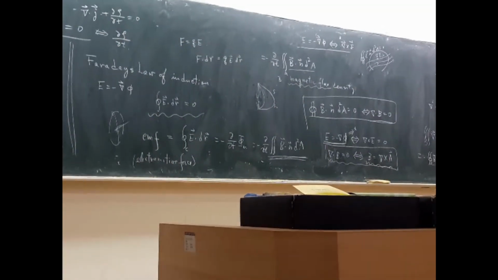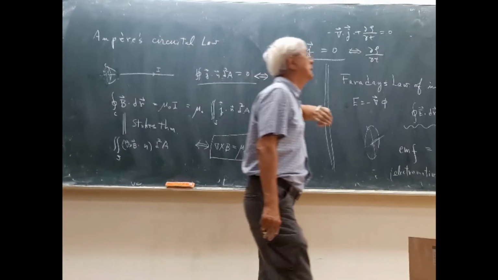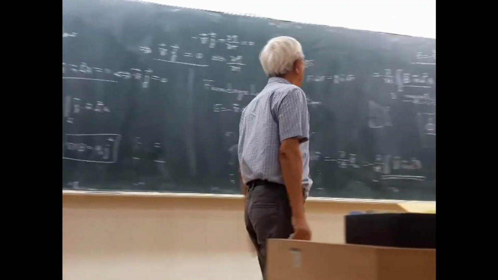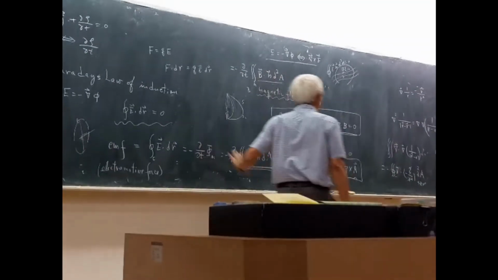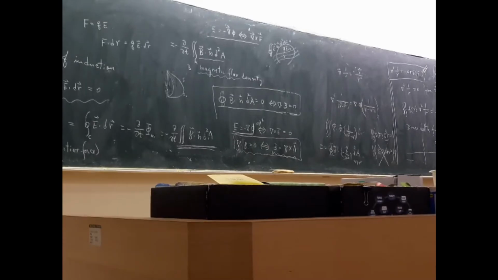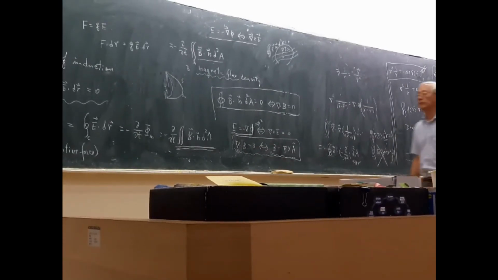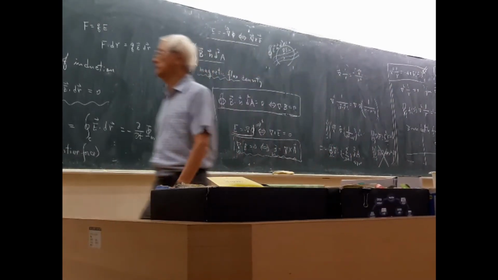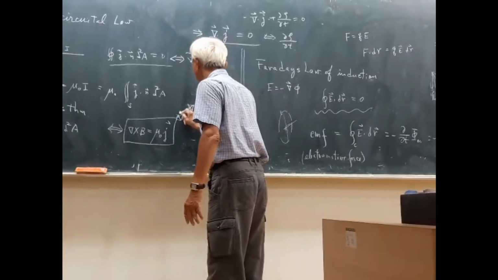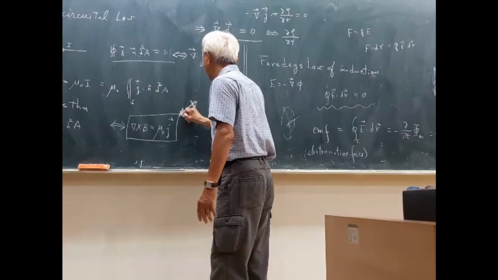So you have the Coulomb force, Gauss's law, Ampere's law, Faraday's law of induction, and the magnetic version of Gauss's law. Now all you have to do is fix this one that is inconsistent, and that's the contribution of Maxwell.